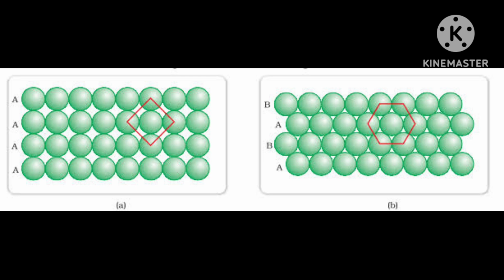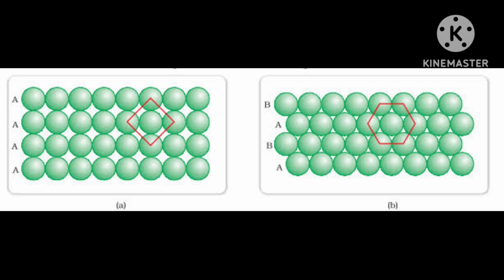Then here you can arrange spheres in a different way in comparison to the first way. So there are two ways. Because here length and breadth both are there, that's why it is called two-dimensional.